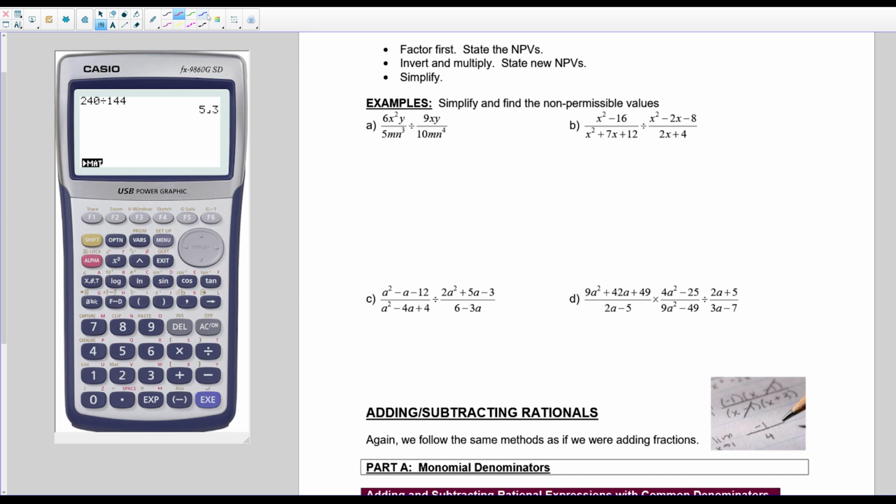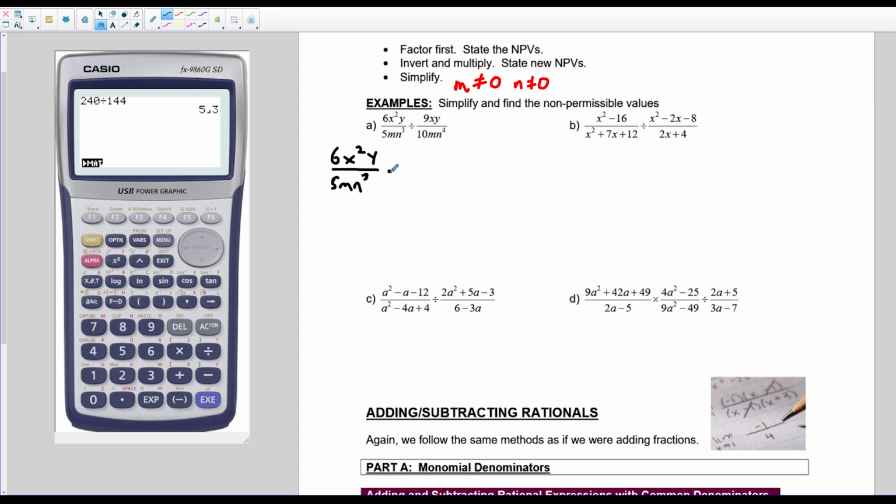I've got a few of them. I've got M cannot equal 0, N cannot equal 0. So I've got my 2 first. We're going to multiply by the reciprocal. So again, we're changing our sign here.